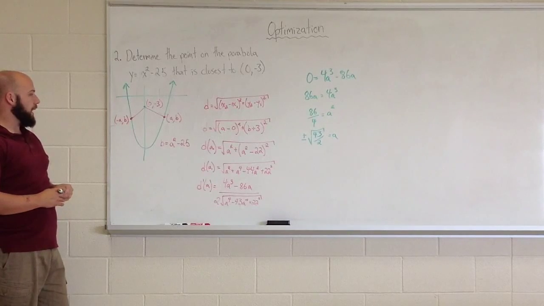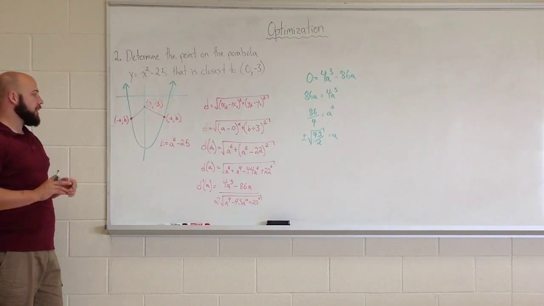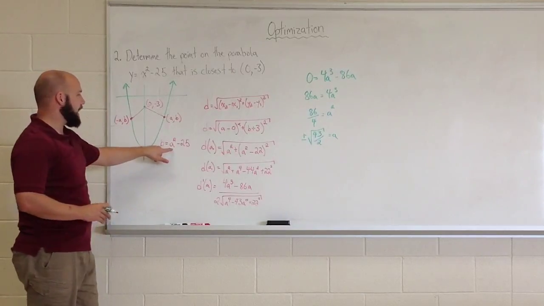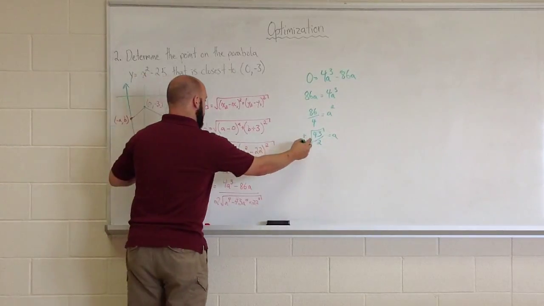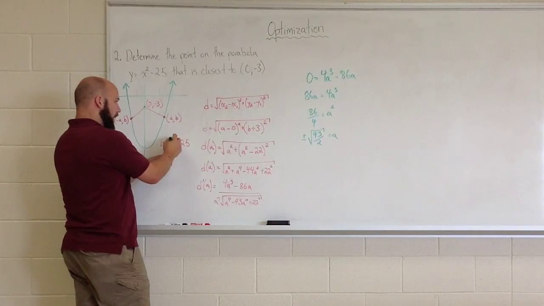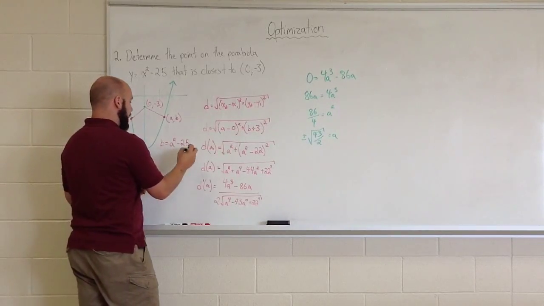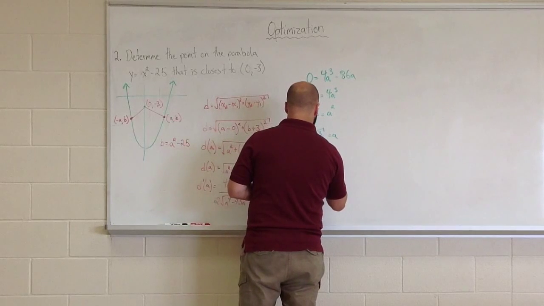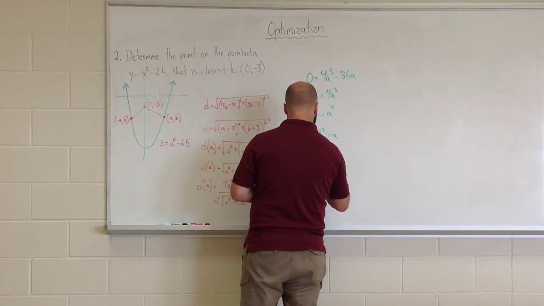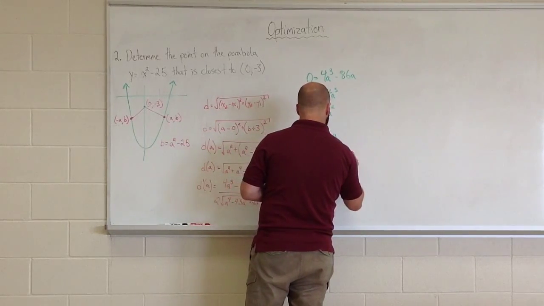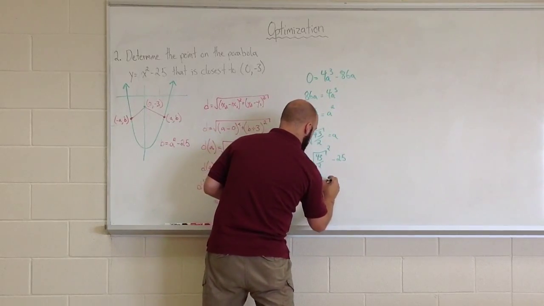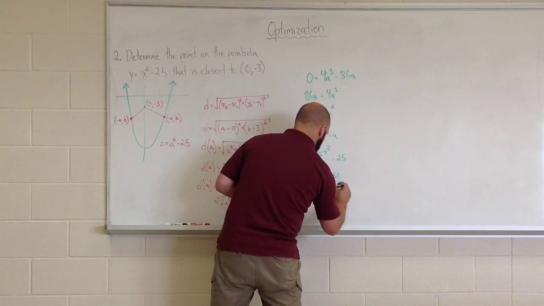Okay, we can plug that back into any of our equations to find our b value. This one's going to be easiest, because a squared here is going to be 43 over 2, the square root cancels out. So b equals 43 over 2 minus 25. b is going to be 43 over 2 minus 50 over 2.